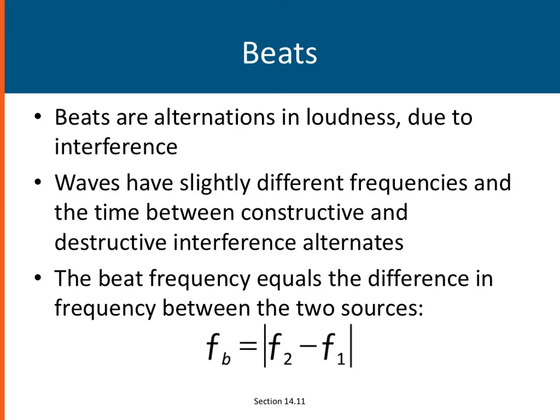Okay, so beats, and you guys have heard this because that's your headphones, but beats are actually alternations in loudness due to interference. So waves have slightly different frequencies, and the time between constructive and destructive interferences alternates. The beat frequency is going to be equal to the difference in frequency between two sources.